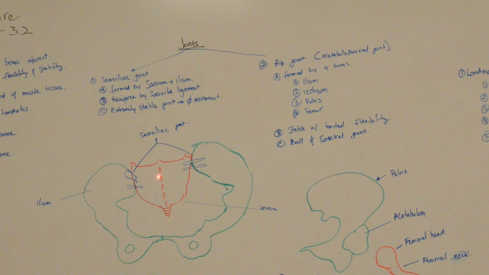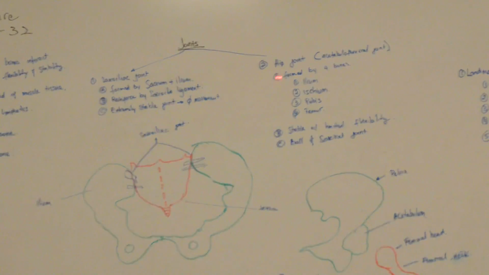And this is the sacrum, so the joint that attaches both of them is right here, the sacroiliac joint. This joint is reinforced by the sacroiliac ligaments right here, and it is very stable with virtually no movements.